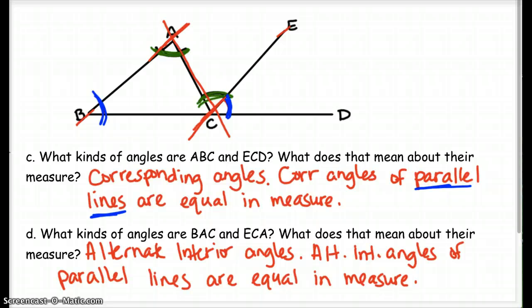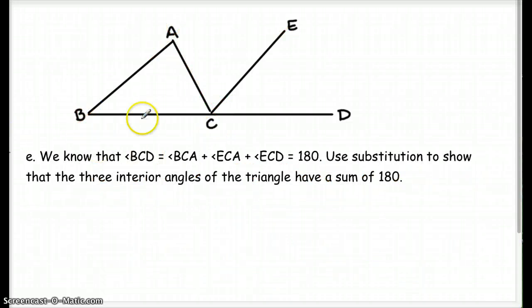So, moving on down to part E, it says we know that angle BCD, so that's the straight angle, equals BCA, which is that angle, plus ECA, which is that one, plus ECD.